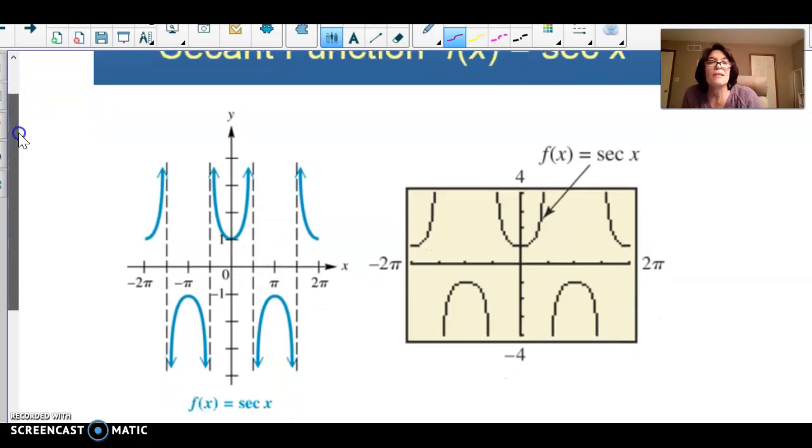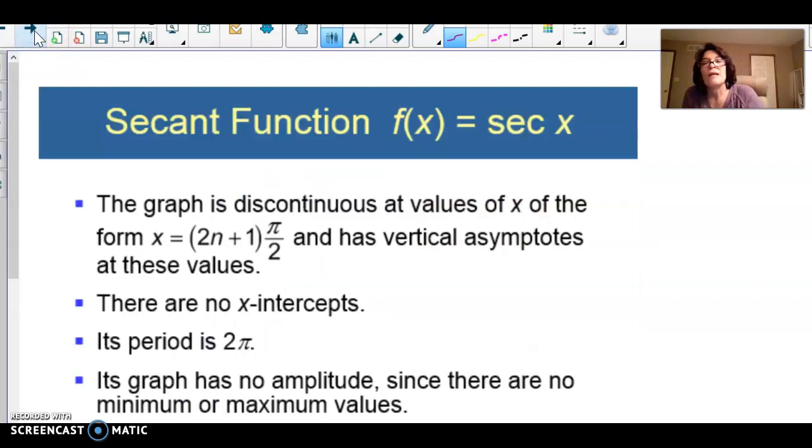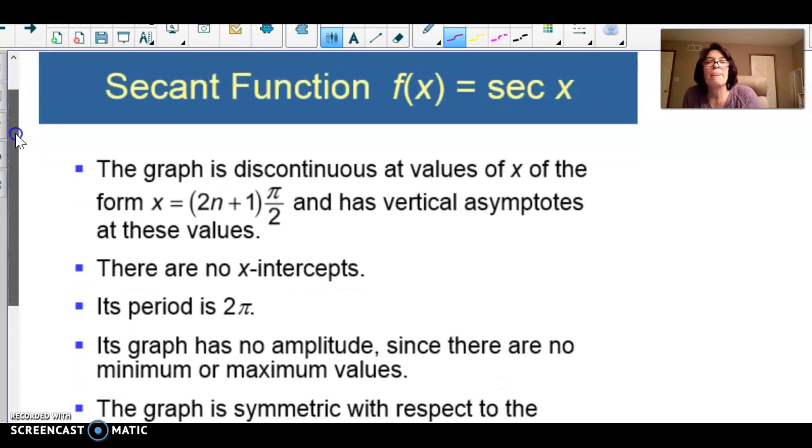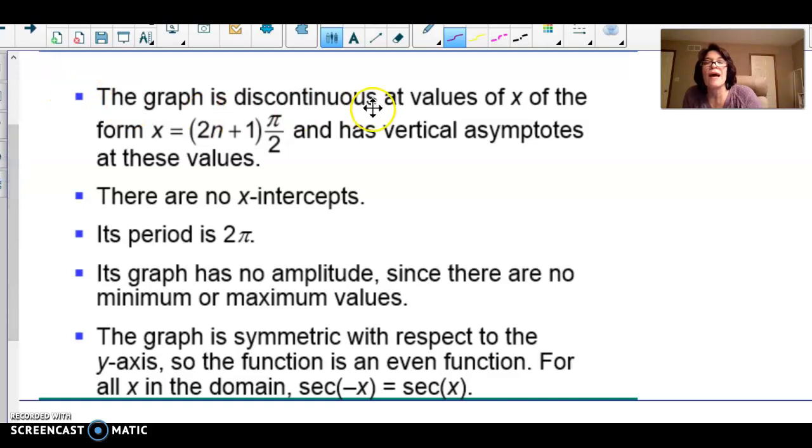All right, so this is what the secant function looks like on your graphing calculator. Notice that secant is the one that kind of straddles the y-axis. The y-axis is like its axis of symmetry, whereas for cosecant, the y-axis is actually a vertical asymptote. So the secant function graph has vertical asymptotes at all the odd pi over 2's.